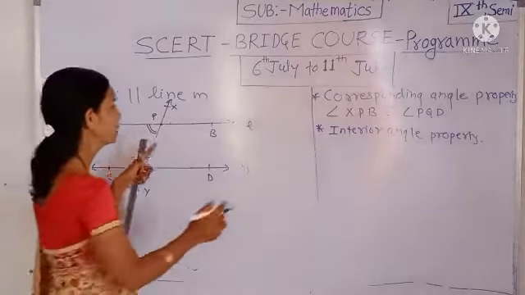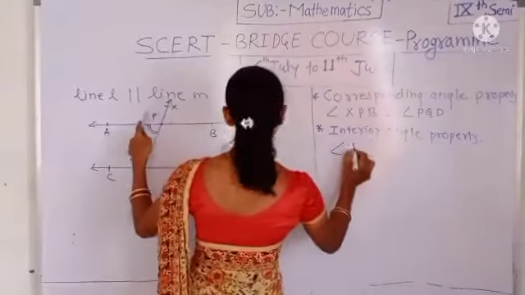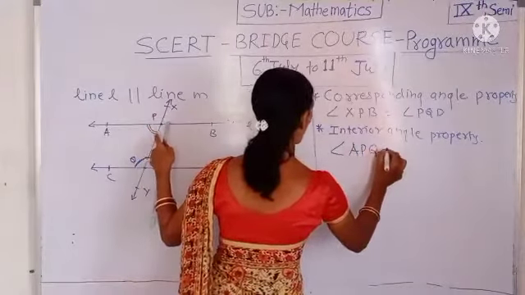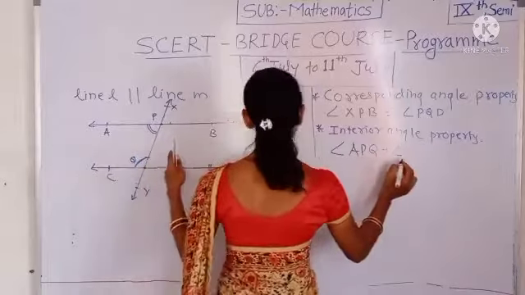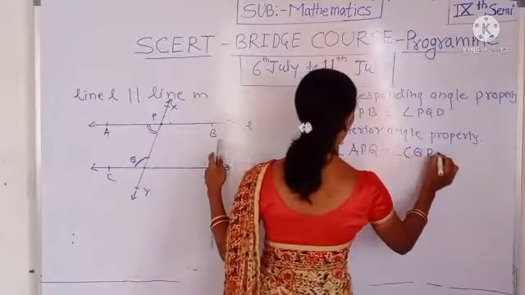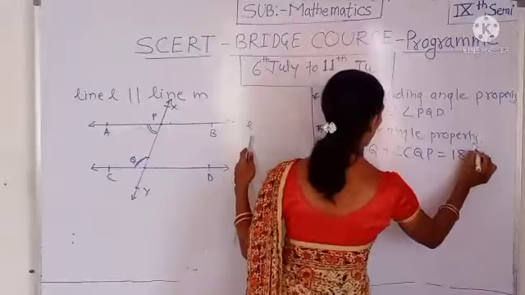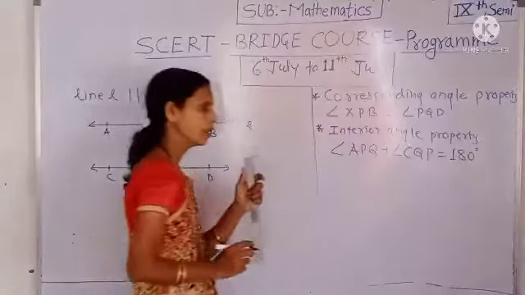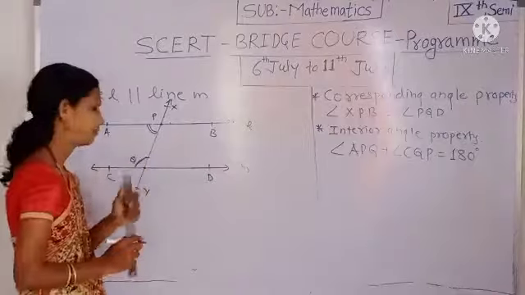That means angle APQ plus angle CQP equals 180 degrees.